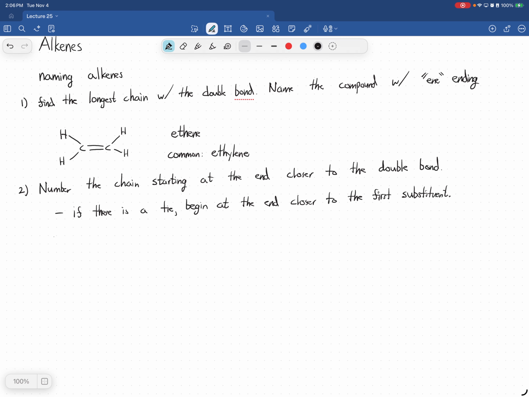All right. And then for cycloalkenes, sorry, not alkanes, I meant to write alkenes. For cycloalkenes, the double bond is always between C1 and C2.